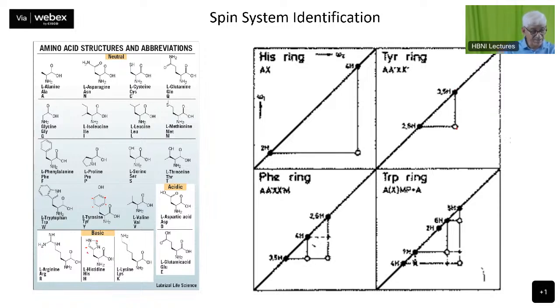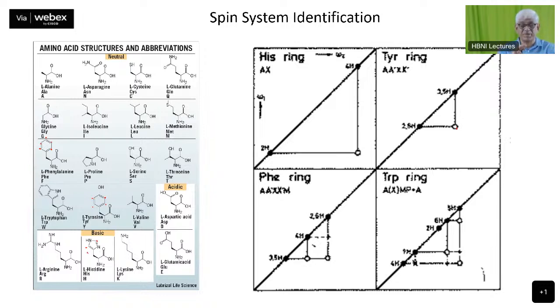Now take the phenylalanine ring. Where is phenylalanine? We look at phenylalanine, tyrosine, tryptophan. Third row, left side, here. So you have a proton here, a proton there, and a proton there. Among these again, these two will be equivalent and this will be non-equivalent.